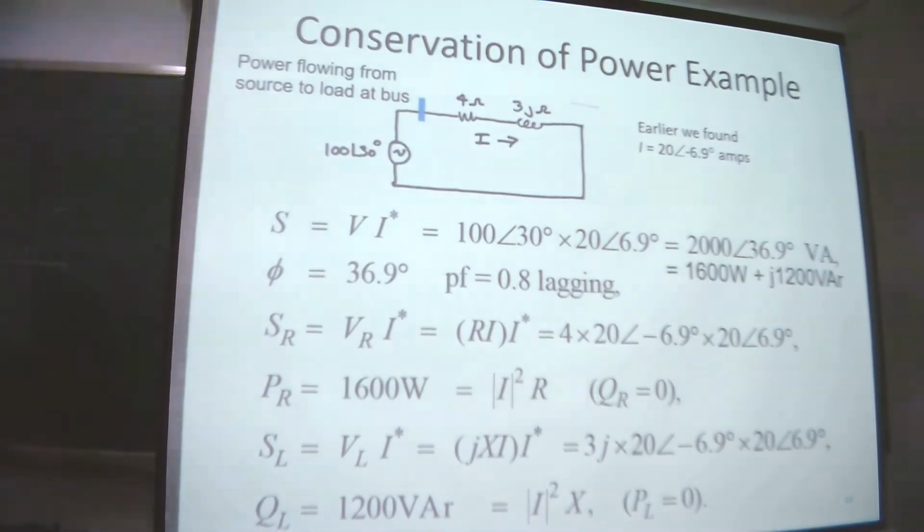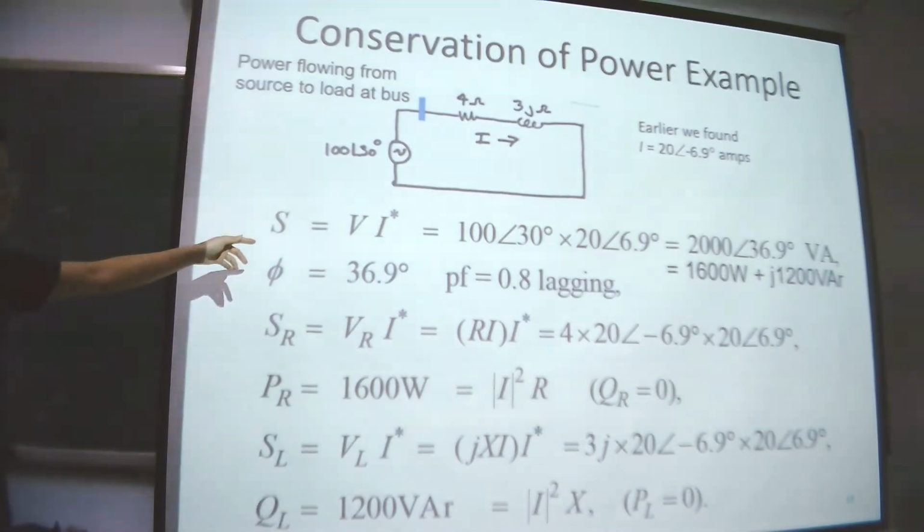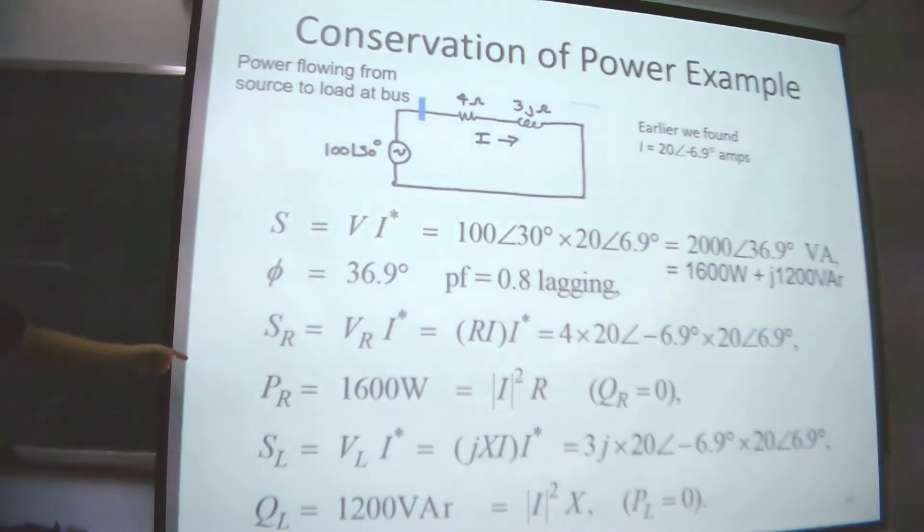So in this situation, the resistors make all the effort, all the real power. However, the inductors do not make any real power here, but the inductors account for the whole imaginary part, the whole reactive power.